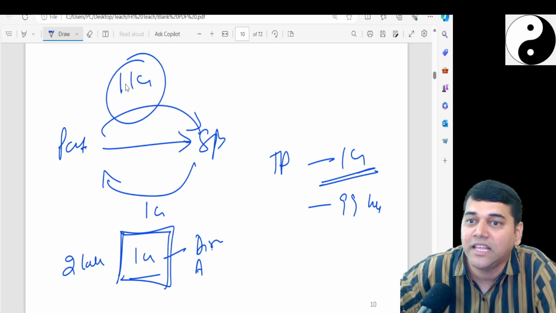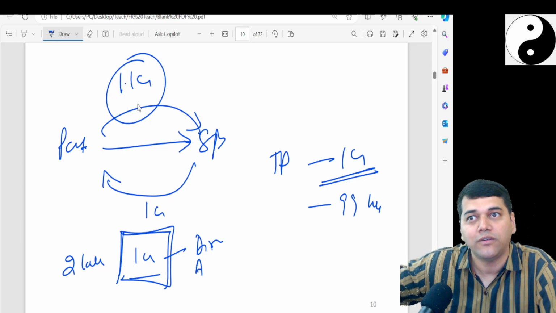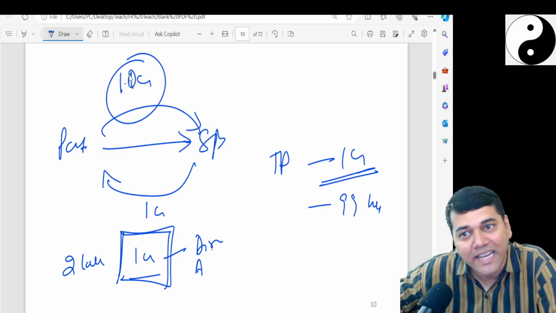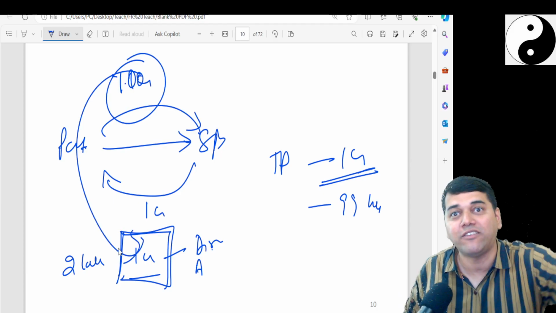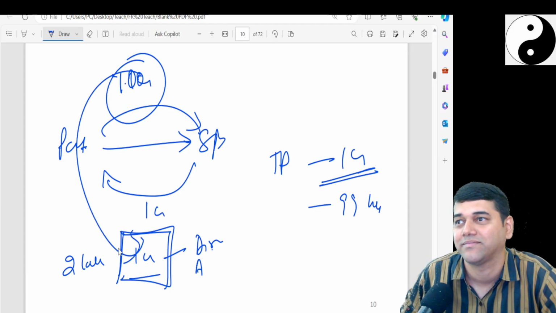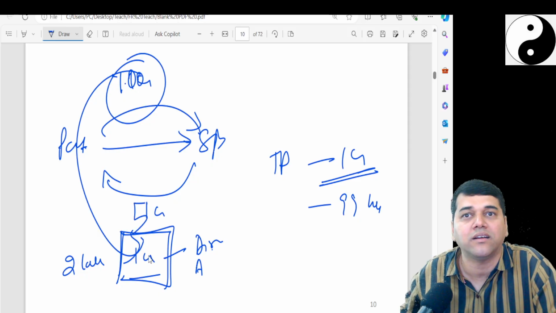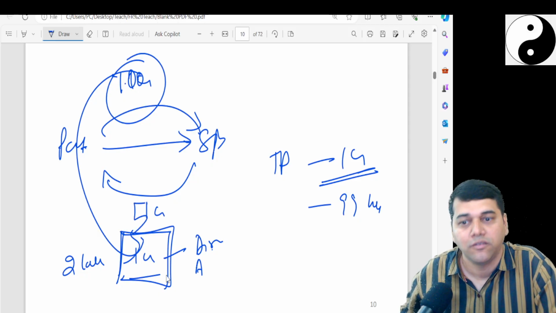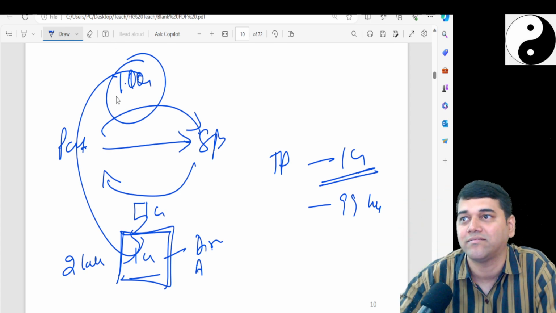Actually, they are selling 1 lakh worth of goods at 1 crore, and that difference they are adjusting in this advertisement expenses. Understood? Or Patanjali may end up paying 5 lakh for something worth 1 lakh, and that extra 4 lakh they will adjust in their sales there.